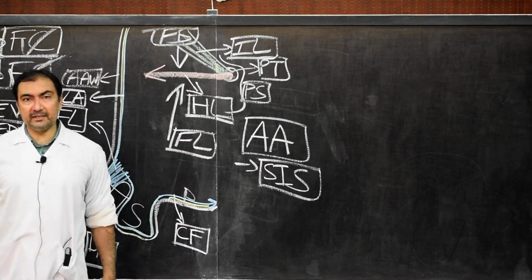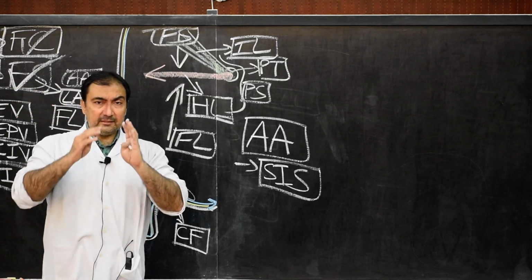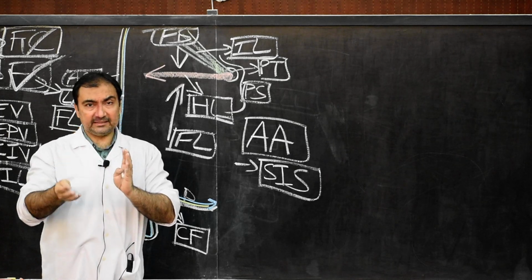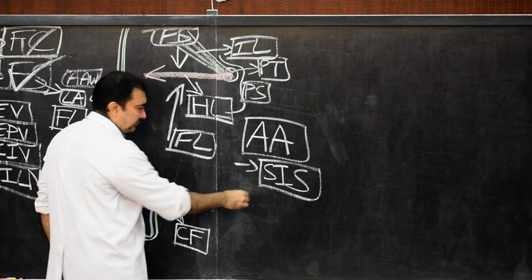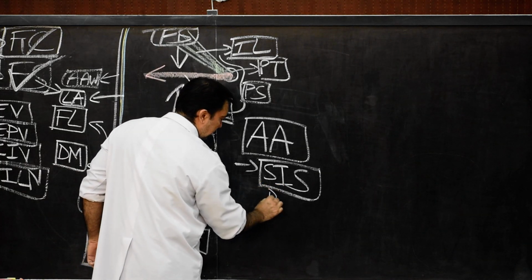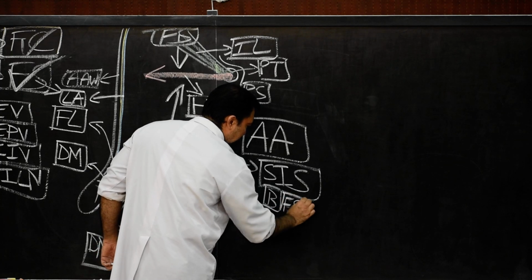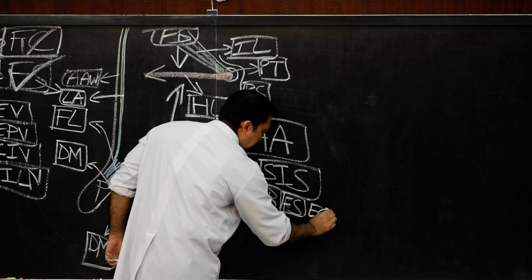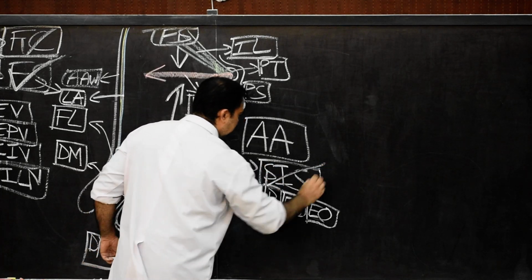This superficial inguinal space is a space which is present between the fascia of Scarpa and the external oblique muscle of the abdomen. So the space between the fascia of Scarpa and the external oblique muscle of the abdomen is called the superficial inguinal space.